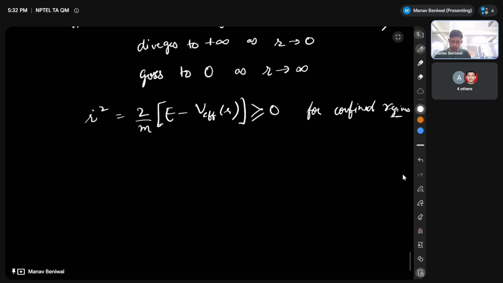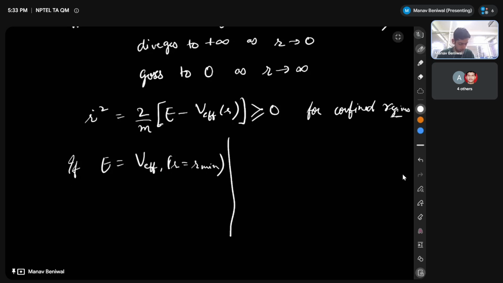Okay, so what will happen if my E is equal to V effective, and my r is a constant which is r minimum, right? Let me make a table.